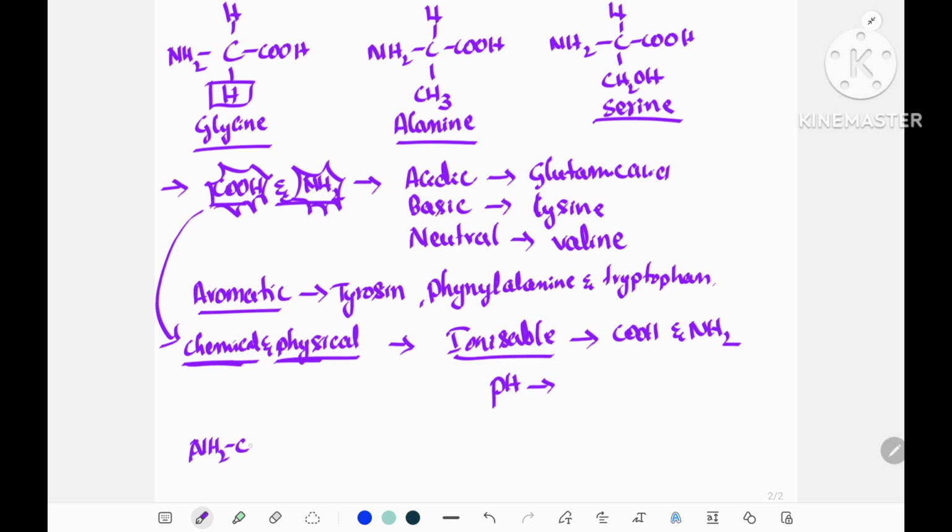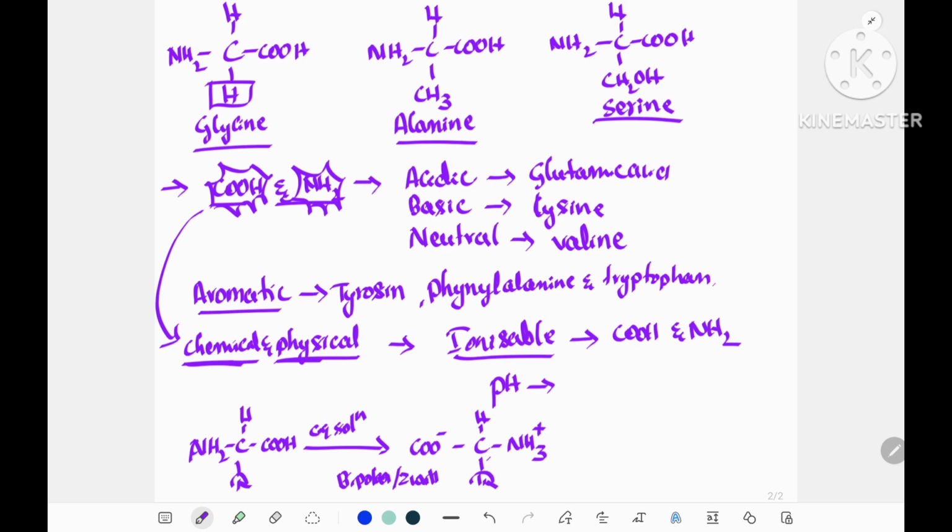Here NH2, C, COOH, H and R. If this is placed in an aqueous solution, then these two, that is carboxyl group and amino group, will undergo ionization to form COO minus, C, NH3 plus, and here R. And this has got both positive charge and negative charge. So this is the ionic form, and this ion is called bipolar or Zwitter ionic form.